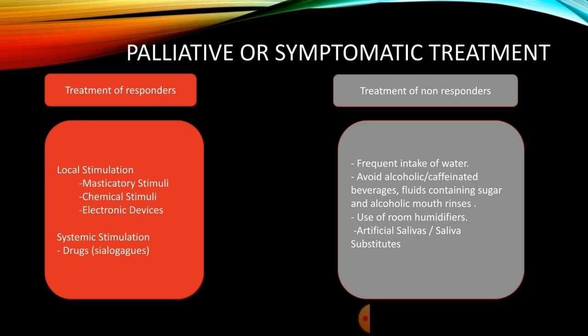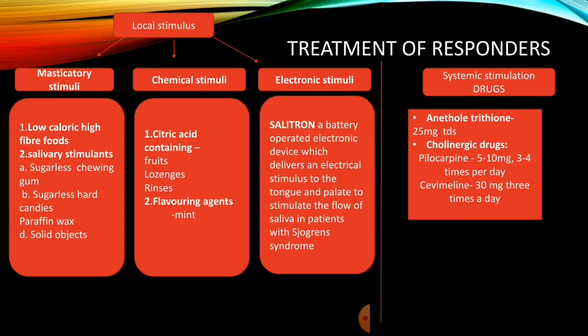For palliative or symptomatic treatment, we have two categories: treatment of responders and treatment of non-responders. First we will discuss treatment of responders, among which we have local stimulation and systemic stimulation. Among local stimuli, we have masticatory stimuli, chemical stimuli, and electronic stimuli. For masticatory stimuli, we usually ask the patient to take high fiber foods, then salivary stimulants such as chewing gums, sugarless candies, and paraffin wax.